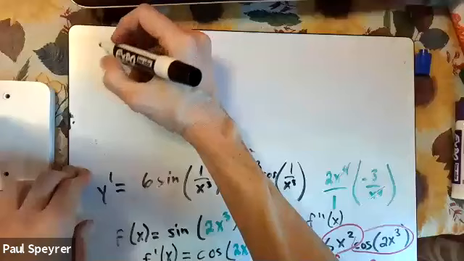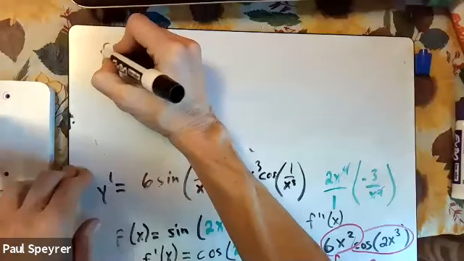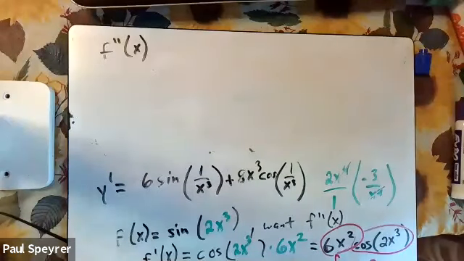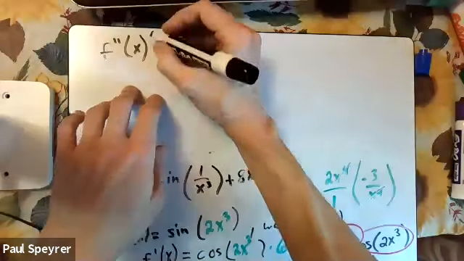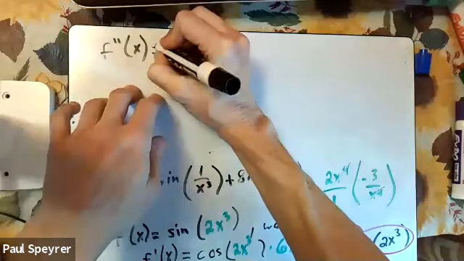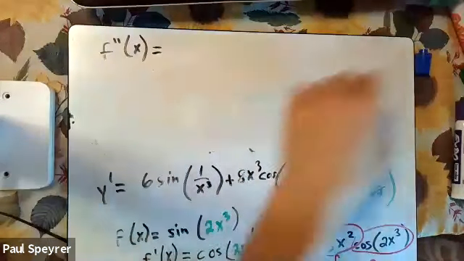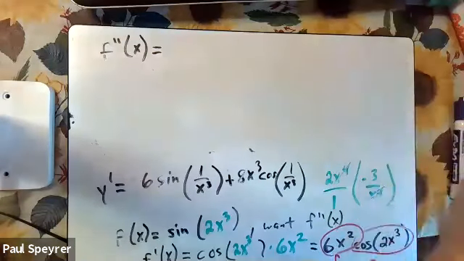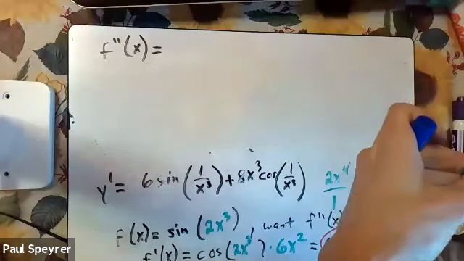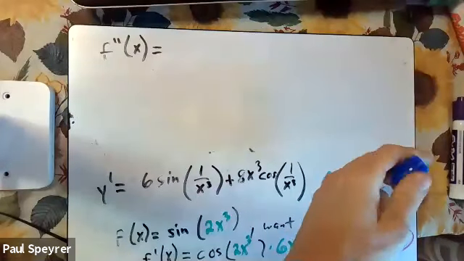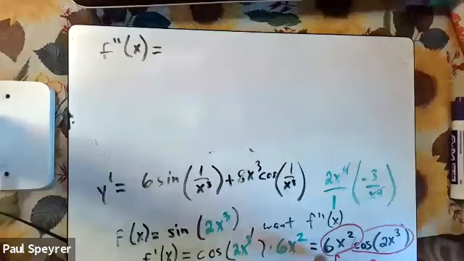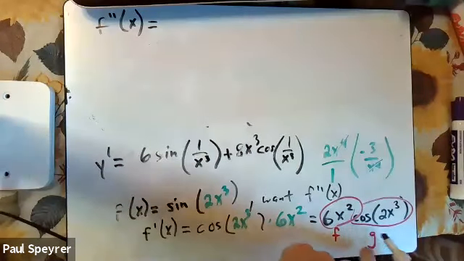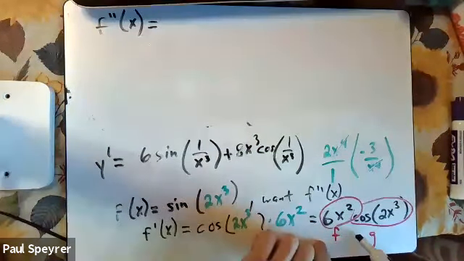So f double prime. All right, I won't use different colors this time. If you want to, you can. Let's see what happens. Remember, the product rule says f times g prime, plus g times f prime.